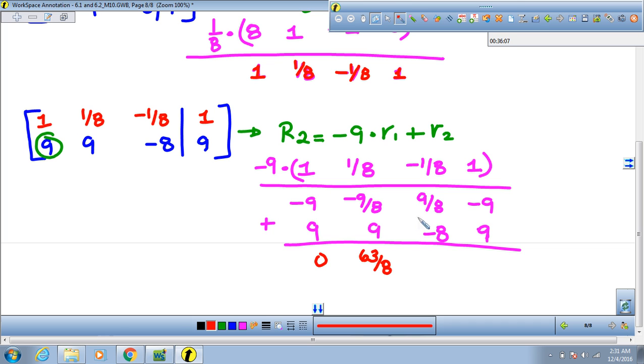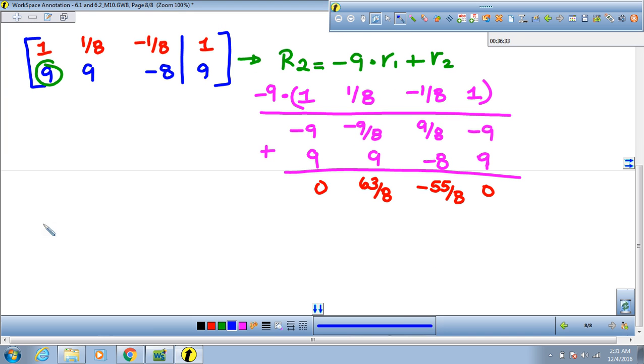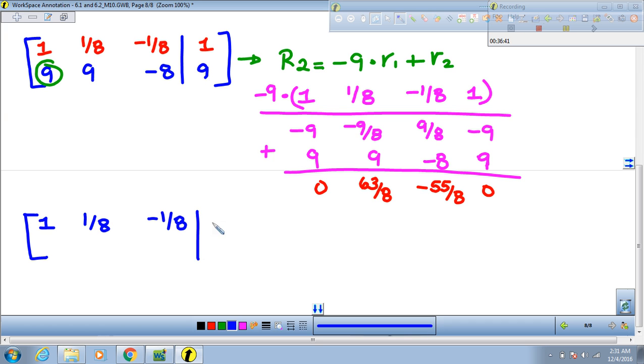And then 9/8 plus a negative 8 is negative 55 over 8. Then negative 9 plus 9 is 0. So we rewrite 1, 1 over 8, negative 1 over 8, the 1, and then this is 0, 63 over 8, negative 55 over 8, and 0.